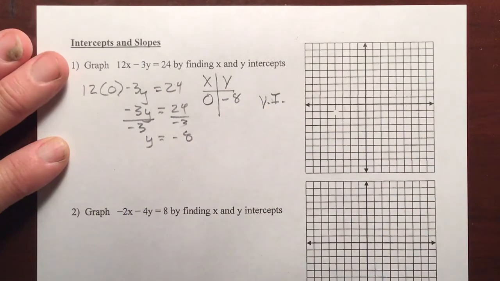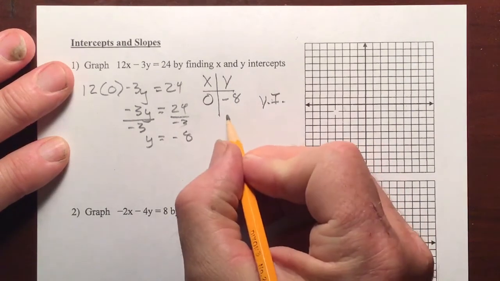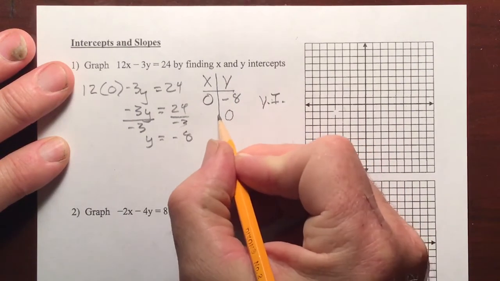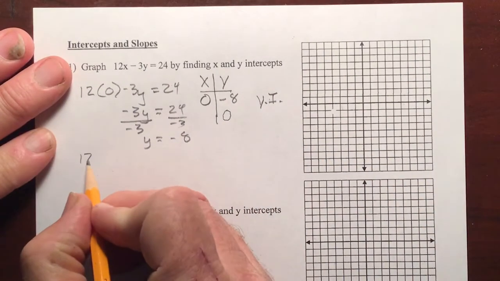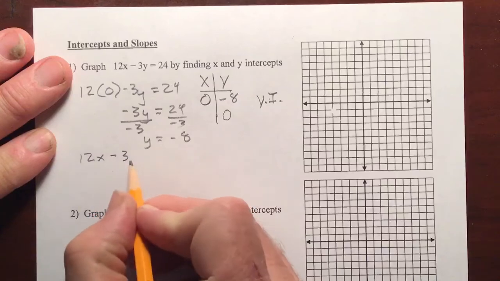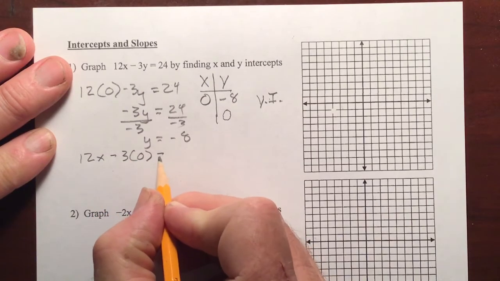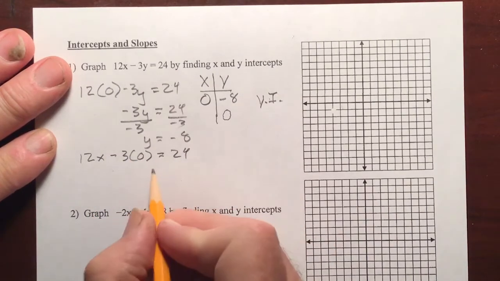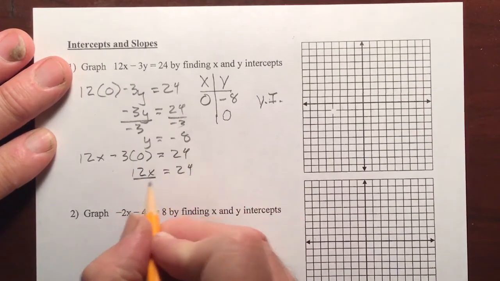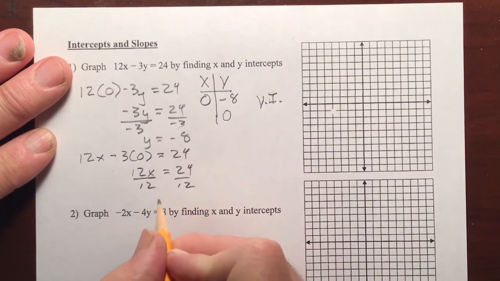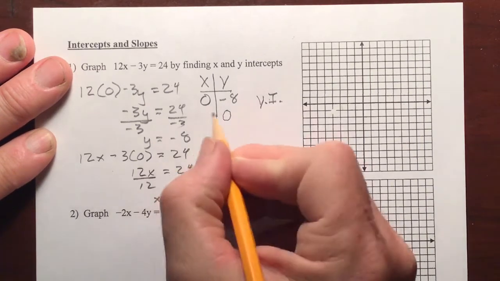Then you turn around and do the same thing, putting 0 in for the y-coordinate, and then you figure out what x is. So you've got 12x minus 3 times 0 is equal to 24. That gives you 12x is equal to 24. Divide by 12, and you get x is equal to 2.